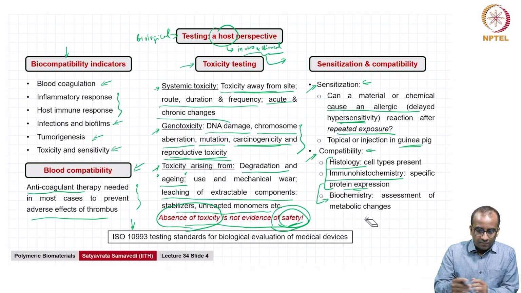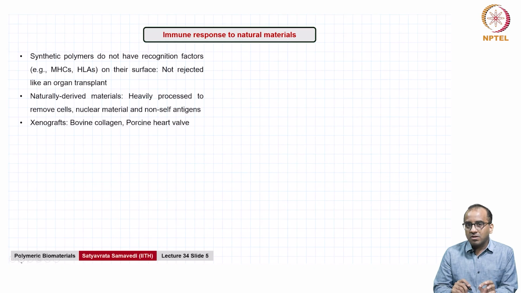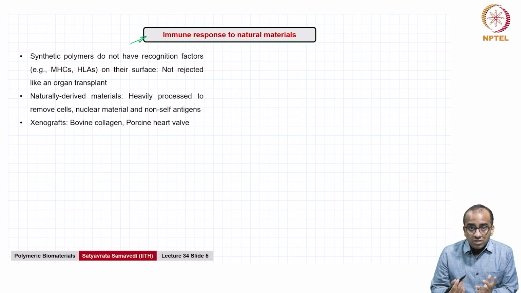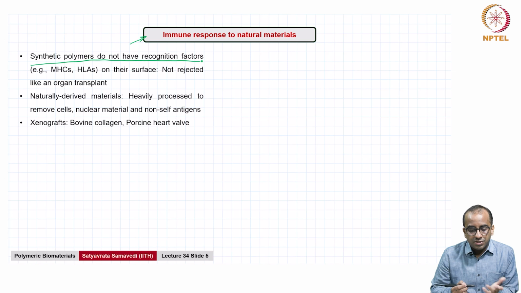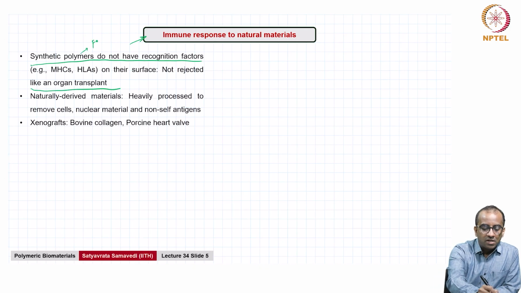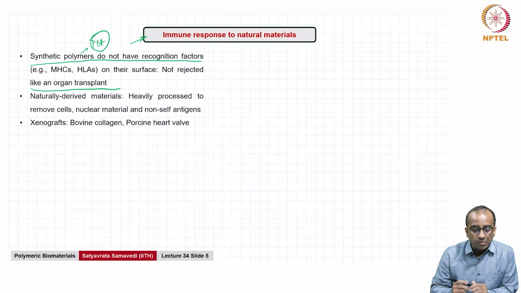Now that we have looked at testing from a host perspective, we will move on to another aspect that becomes important from a host perspective for natural materials, which is the immune response. We first note that synthetic polymers do not have recognition factors such as the MHC or HLA, which means they will not be rejected like an organ transplant. Typically, synthetic polymers undergo the FBR, foreign body reaction, which we saw in the previous lecture.